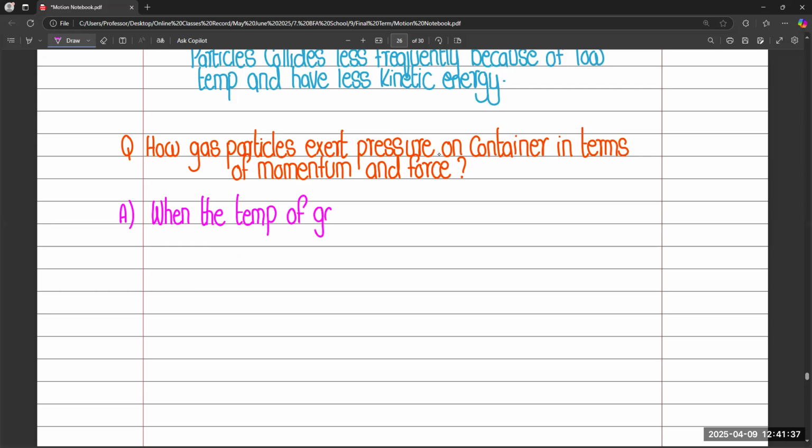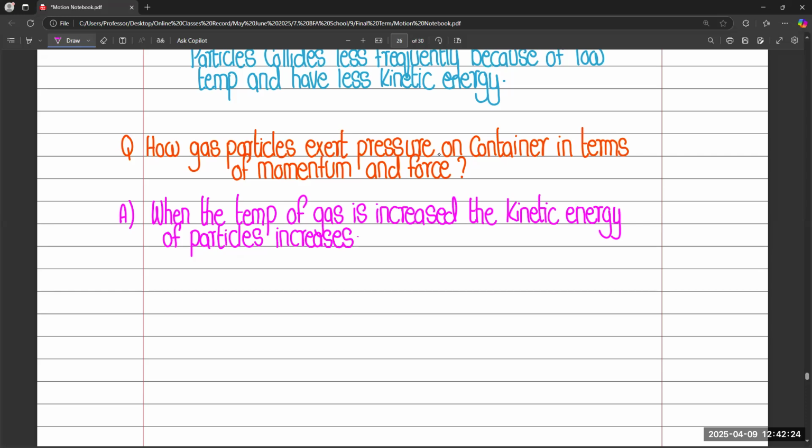When the temperature of the gas is increased, the kinetic energy of particles increases.